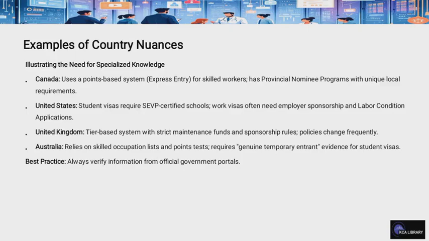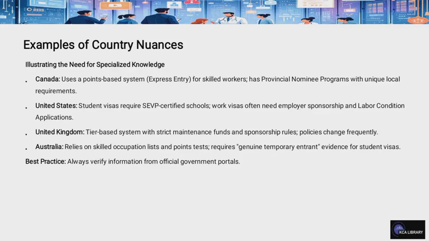Examples of countries' nuances include, for Canada, the use of a point-based system, which is Express Entry for skilled workers, and it has a provincial nominee program with unique local requirements also. For the United States, a study visa requires SEVP-certified schools, and the work visa often needs employer sponsorship and a labor condition application.